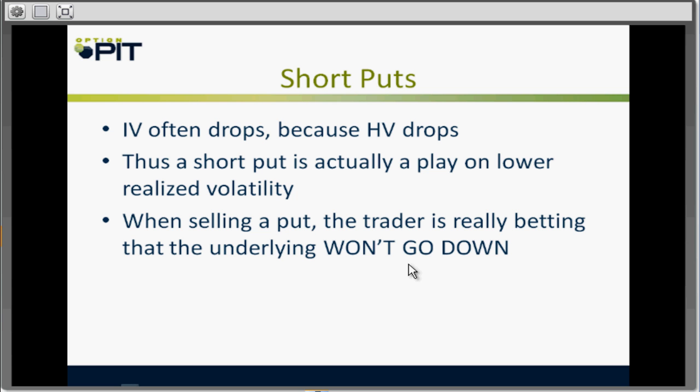IV often drops because realized volatility drops. Thus, a short put is actually a play on lower realized volatility. The market not running around. So, when I'm selling a put, the way I like to think about it is I'm betting that an underlying isn't going to go down.